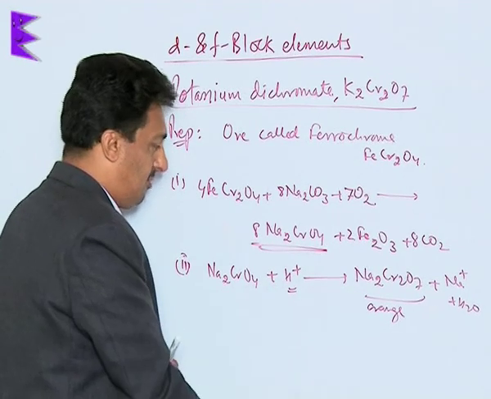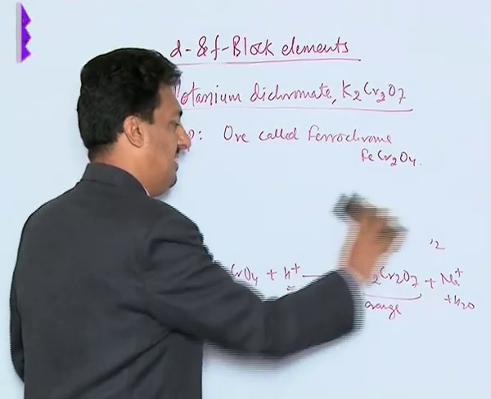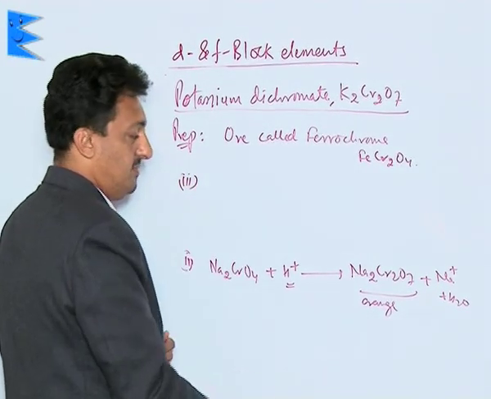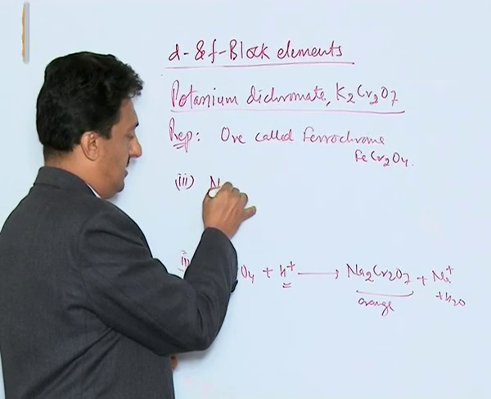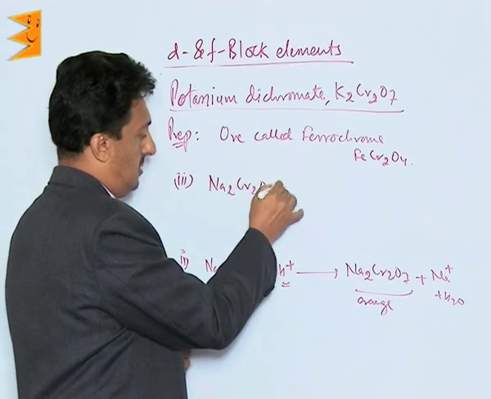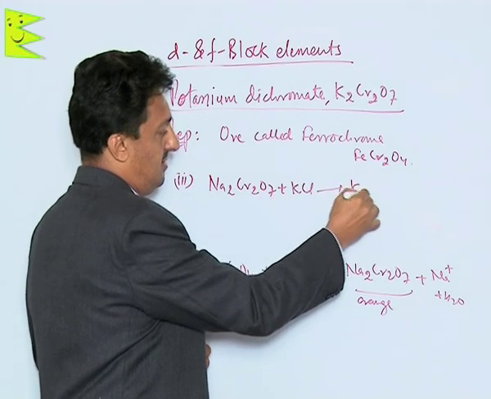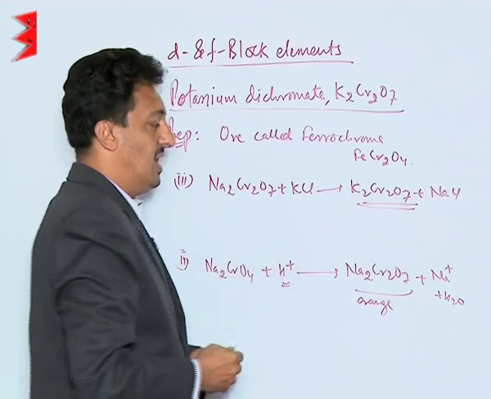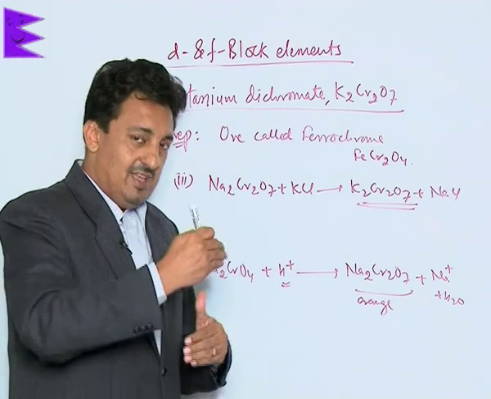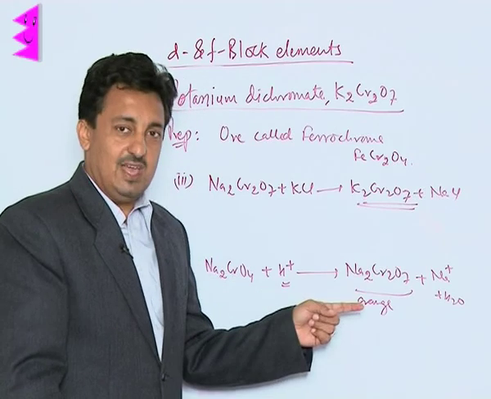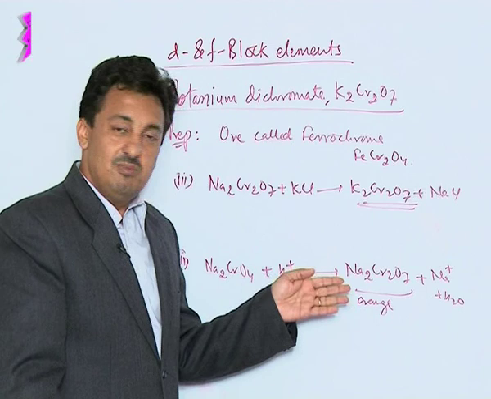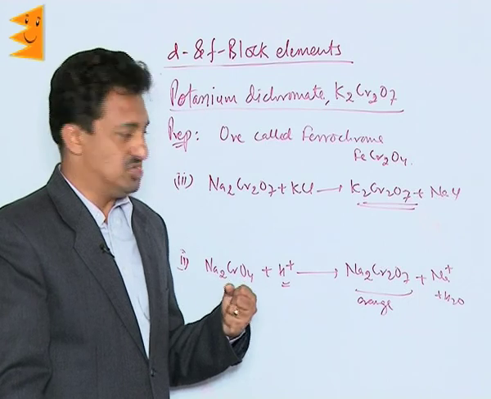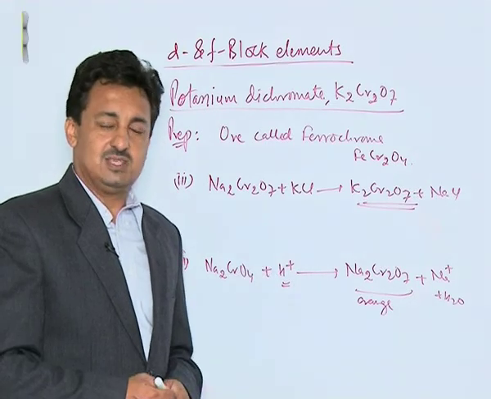Now this sodium dichromate is separated out and is then treated, in the third step, with a saturated solution of KCl to obtain K2Cr2O7 plus NaCl. So this is how we prepare potassium dichromate indirectly through sodium dichromate, because of the lesser solubility of the sodium dichromate, due to which it can easily be separated out from the reaction mixture. So this is how potassium dichromate is prepared.